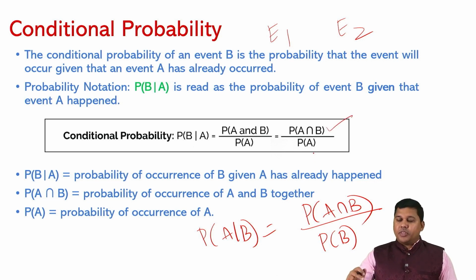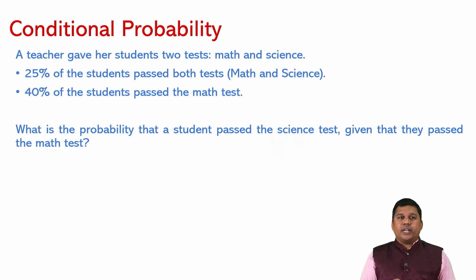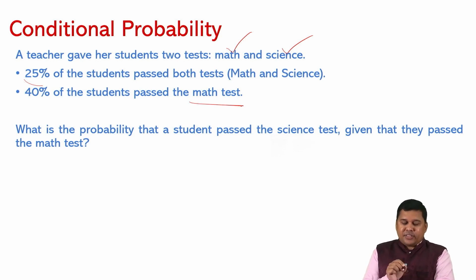Let us try to understand conditional probability with a simple example. A teacher gave her students two tests, one on mathematics and the other on science. 25% of students have passed both the tests, maths and science, and only 40% of students have passed only the math test. Try to understand the concept.